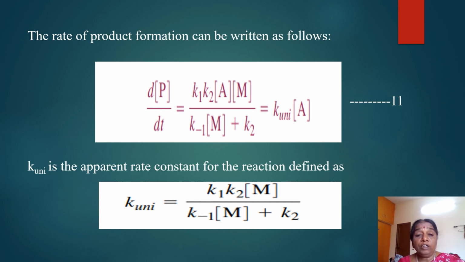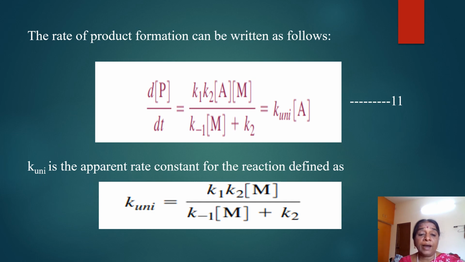We replace these three constants by a single constant represented as K uni, the rate constant for any unimolecular reaction, giving K uni into concentration of A. So equation 11 is the general final representation for any unimolecular reaction which follows Lindemann's mechanism.